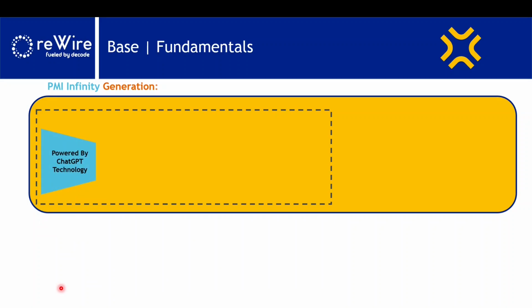If you are familiar with ChatGPT, then you can easily understand, and if not, you can go to ChatGPT and do some exploration. ChatGPT is a general purpose AI assistant, and based on this technology, PMI Infinity has been developed.